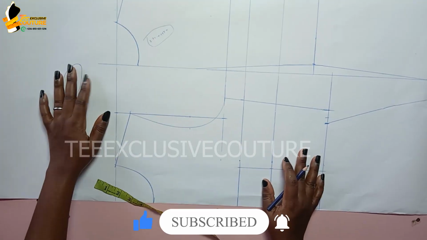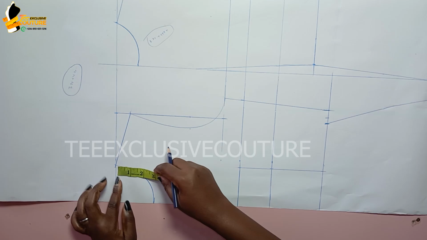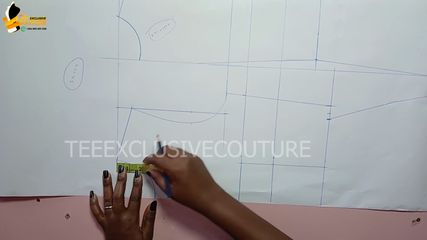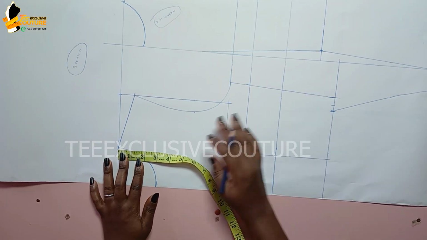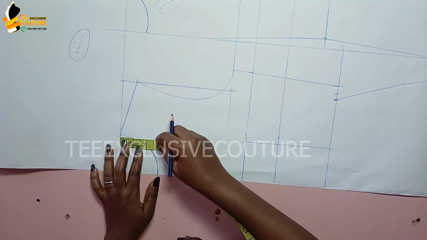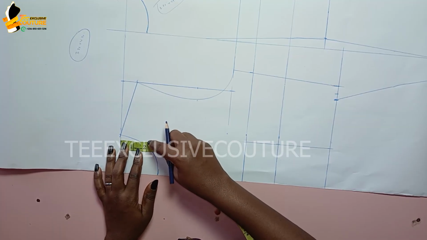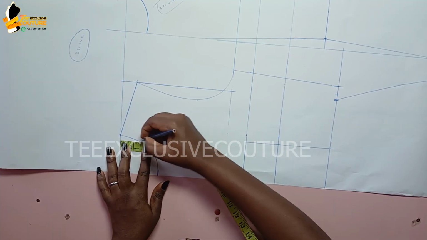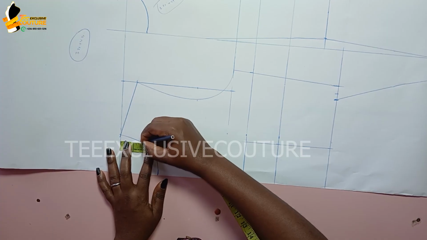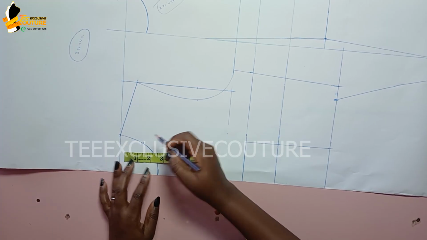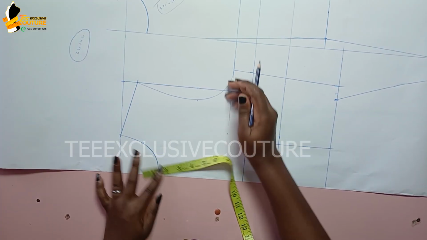So now that we have this, now from this neckline, I'm going to proceed here for the front to draw out the halter neck effect. So for the front, I'm going to mark out 1.75. So from the shoulder line, I'll just mark out where my 1.75 is. So I have this here like this. So from this point, I'm going to be connecting to the armhole.